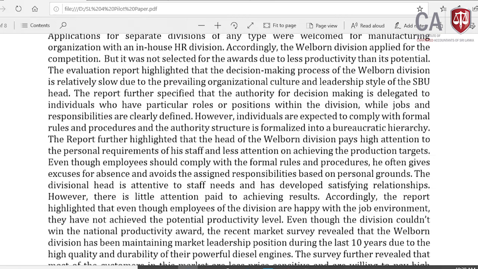One is on the task, other one is the employees. Here what they have done is they have focused more on the employee requirement, not on the task in hand. Even though employees should comply with the formal rules and procedures, he often gives excuses for absence and avoid the assigned responsibility based on personal ground.